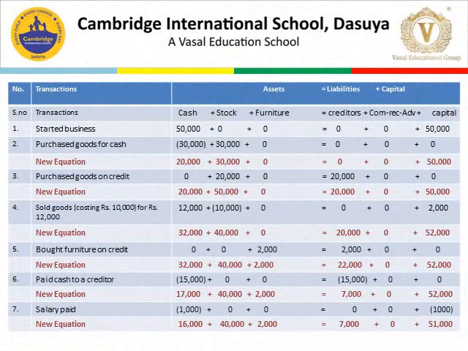Here is the solution of the question. We will draw three vertical lines. First we will write number, then transaction, then the accounting equation, that is assets equals liabilities plus capital. Number 1, the transaction is started business with cash.